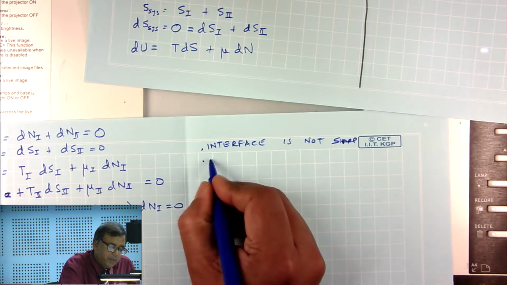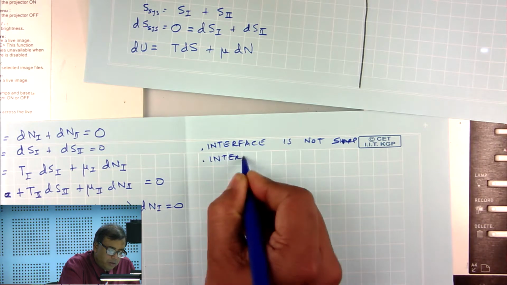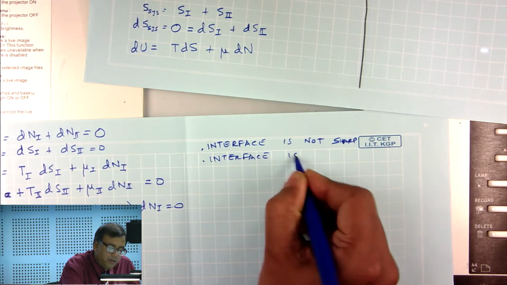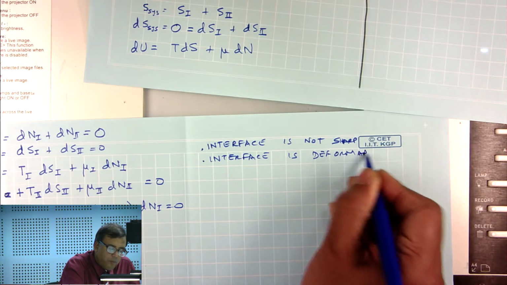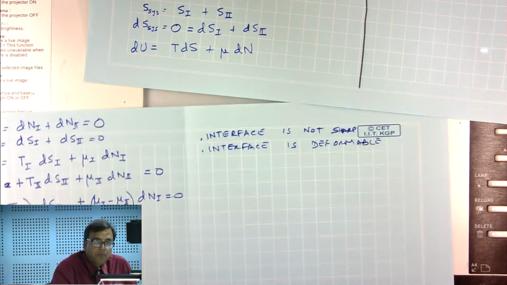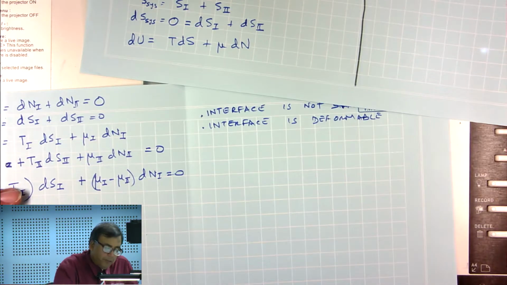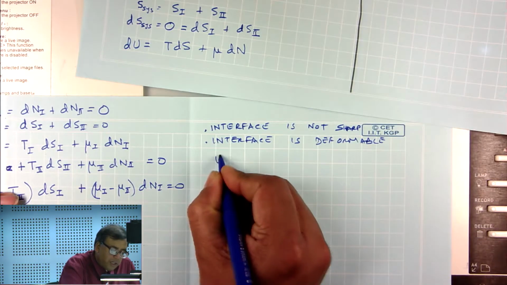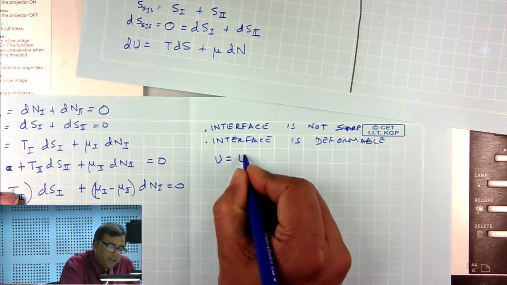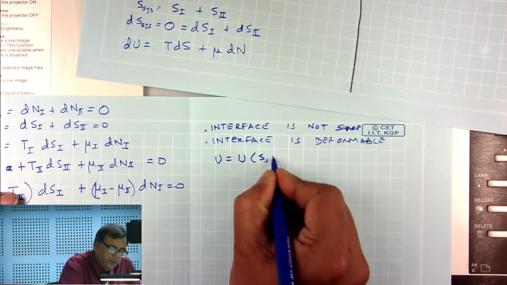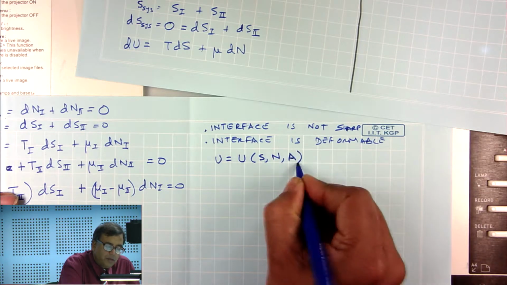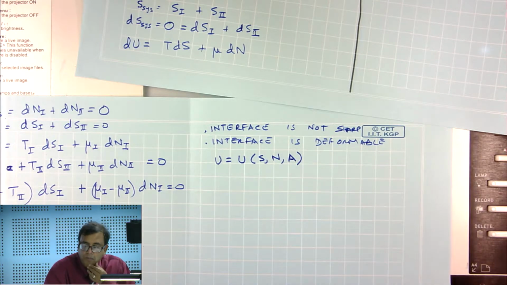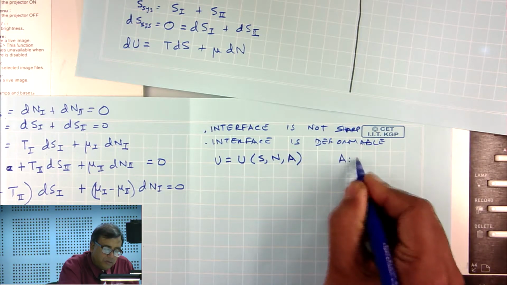The second assumption is interface is deformable. Now, my internal energy is a function of 3 variables: the entropy, the number of molecules, and the surface area, where my A is the area.